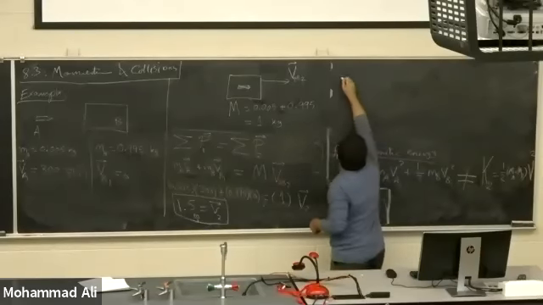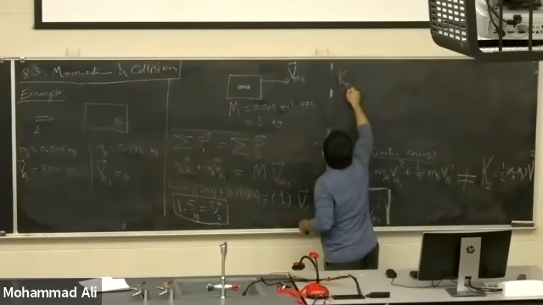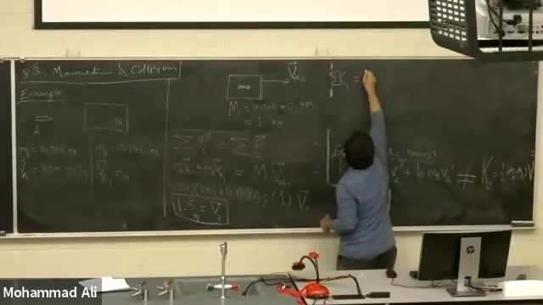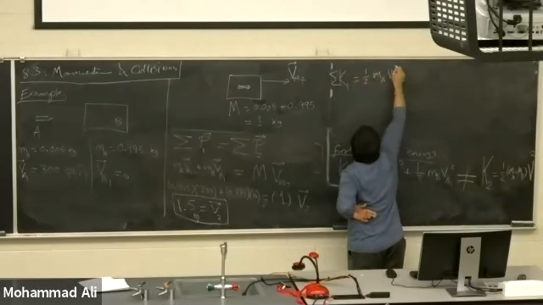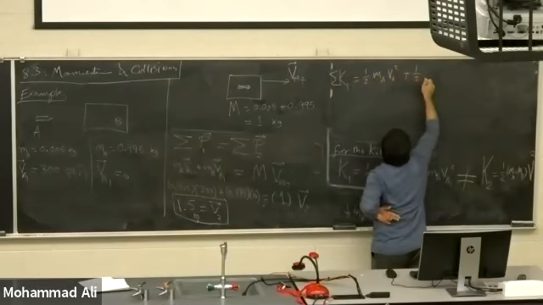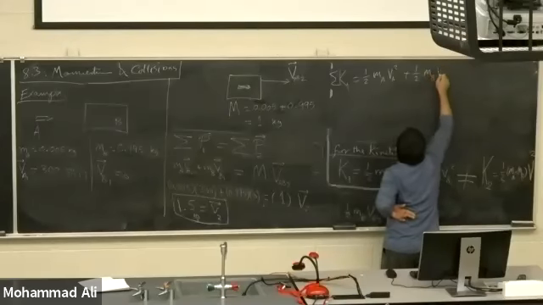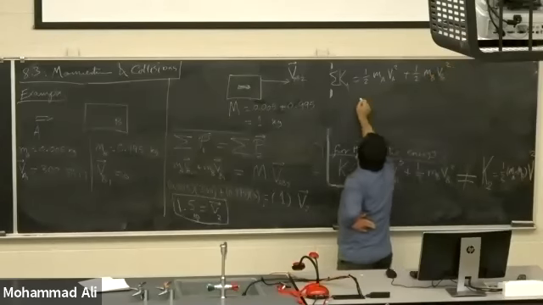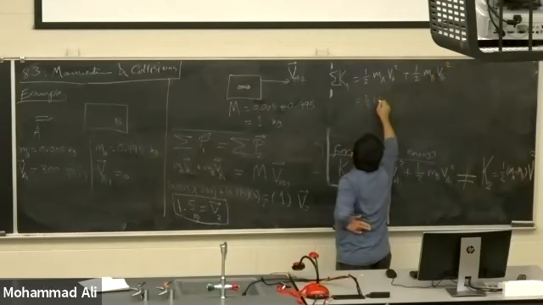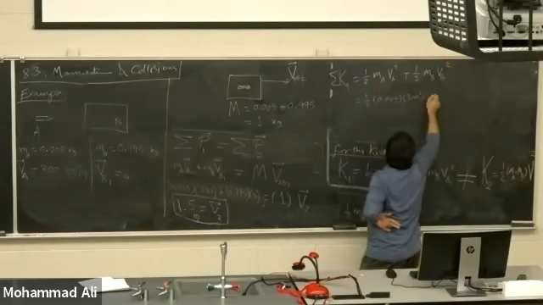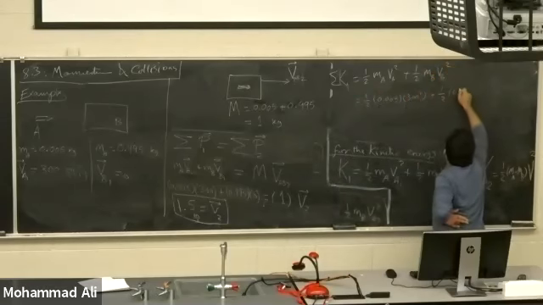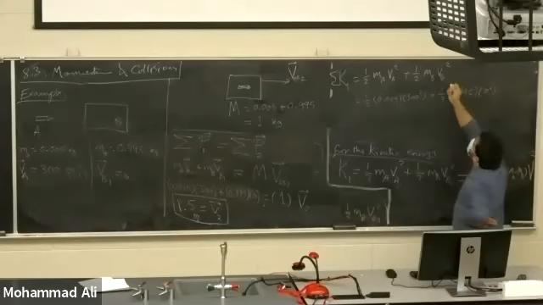Now, kinetic energy before is equal to 1/2 MA VA squared plus 1/2 MB VB squared, which is equal to 1/2 times the mass 0.005 times the velocity 300 squared, plus 1/2 times 0.995 multiplied by the velocity, which is 0 for the box, squared.